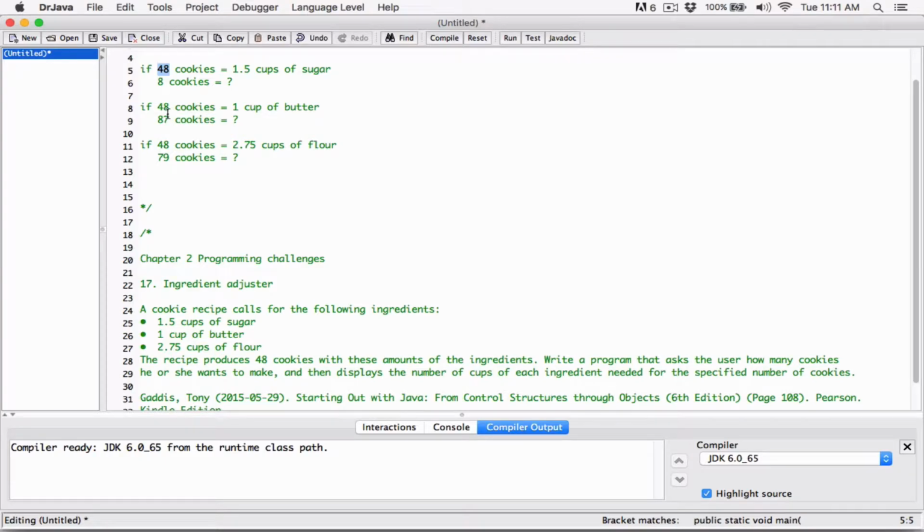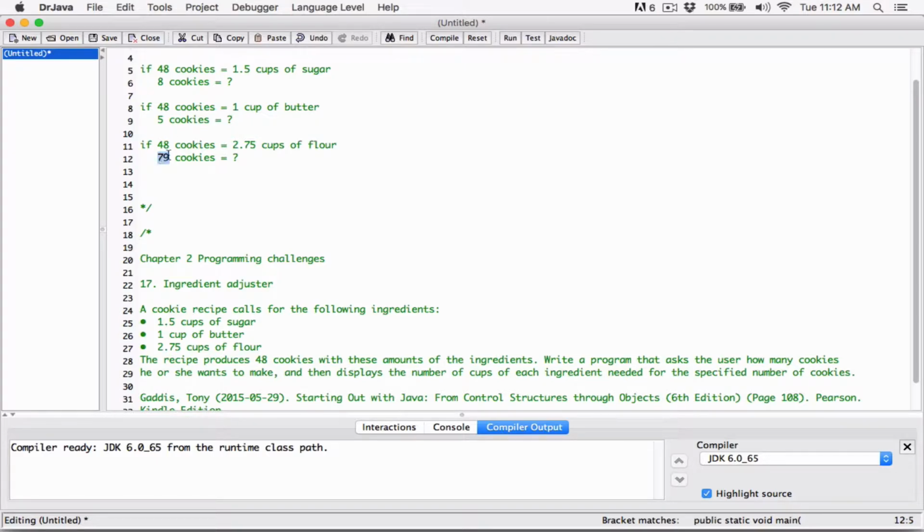For this one also, if 48 gives us 1, 87 is going to give us more. And if more, less divides. 5 cookies is going to give us less. And if less, more divides. So at any time, we are always dividing by 48 and multiplying by the number on the right. In this case, 1.